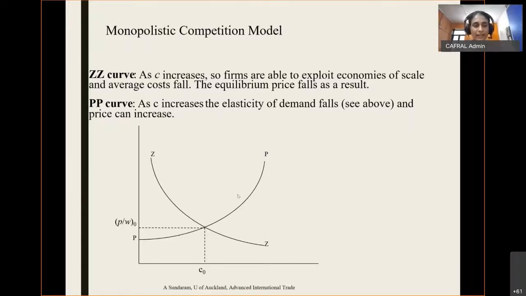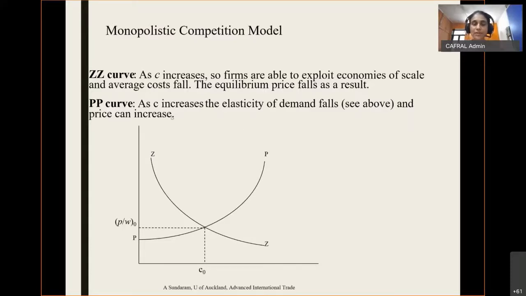On the other hand, the PP curve comes from the demand side. It tells us that as consumption goes up, by assumption, the elasticity of demand is going to fall. If the elasticity of demand falls, demand becomes relatively inelastic, then the price is going to increase, because note that this is not a perfectly competitive setting, so there are going to be markups.